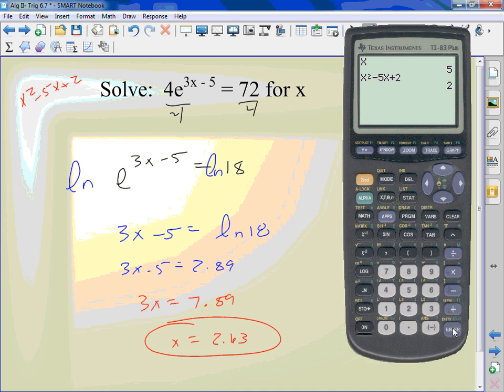Oh, okay, x is negative 3. Negative 3 stores into x. Enter. Second enter. Second enter. My answer is 26. It saves me a lot of time from having to retype.